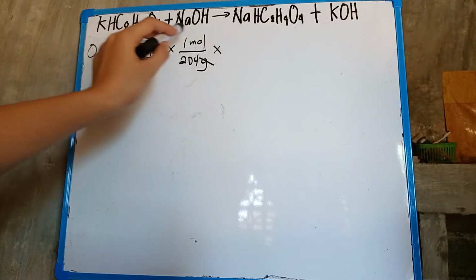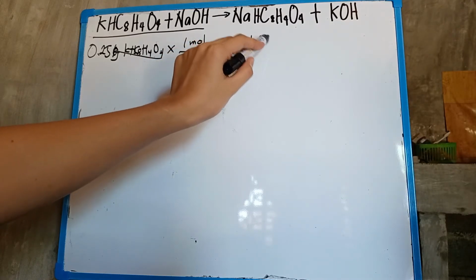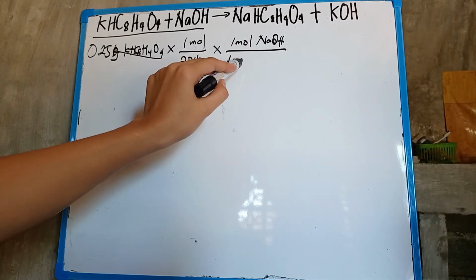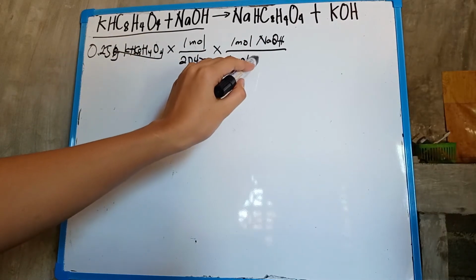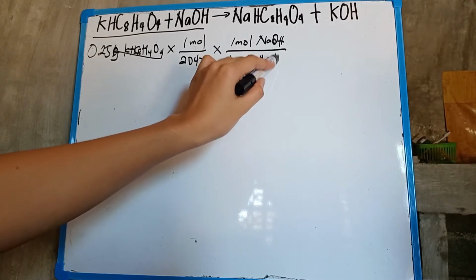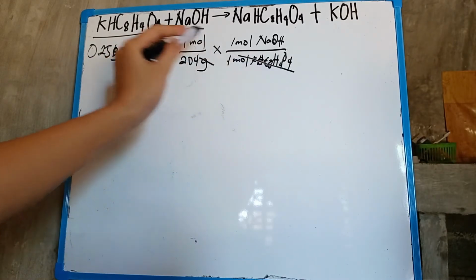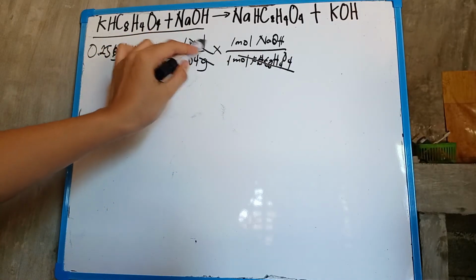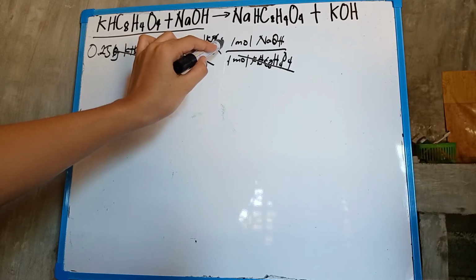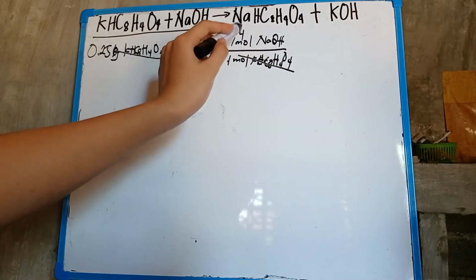So we're going to use 1 mole of NaOH over 1 mole of KHC8H4O4, so that the compound cancels out here, since it is also the compound written here.